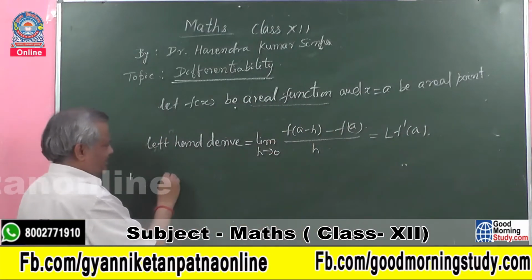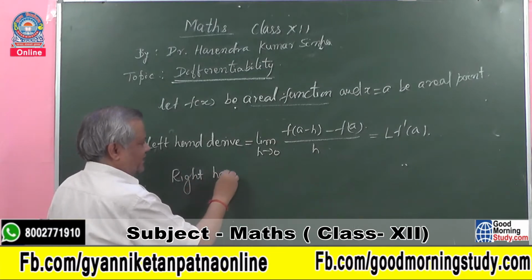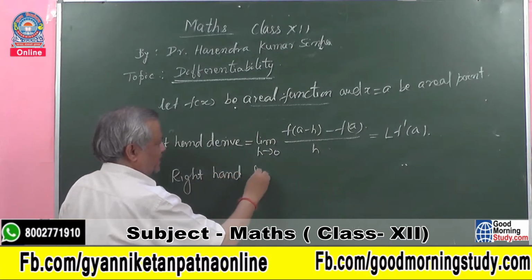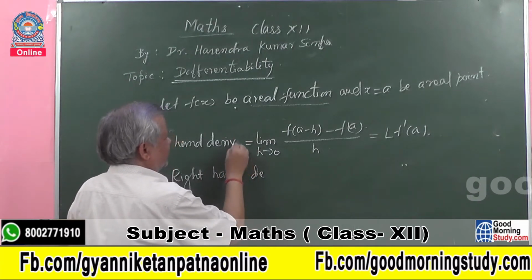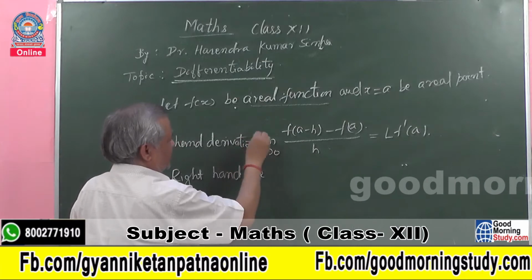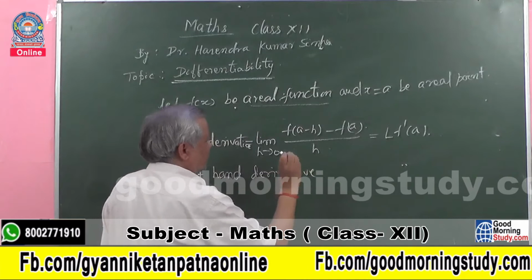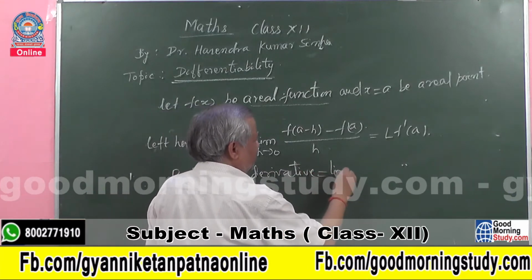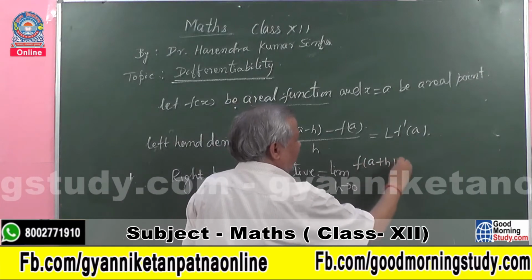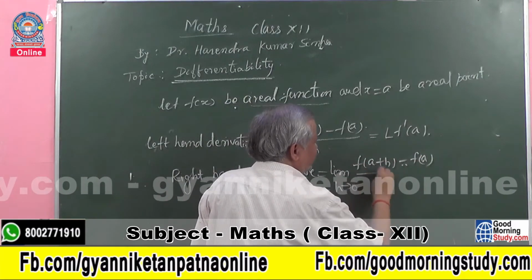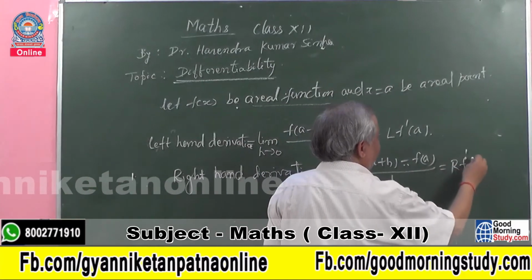Right hand derivative is equal to limit h tends to 0, f(a plus h) minus f(a) divided by h, that is denoted by Rf dash a.